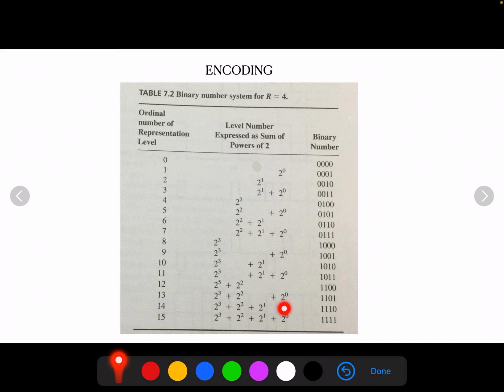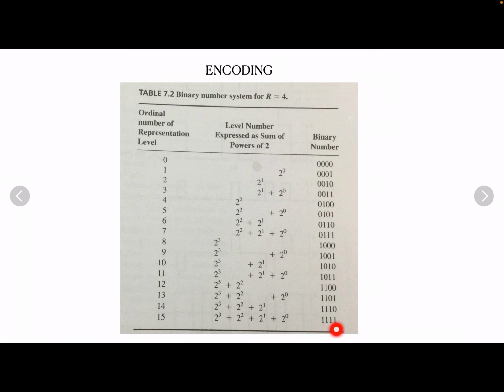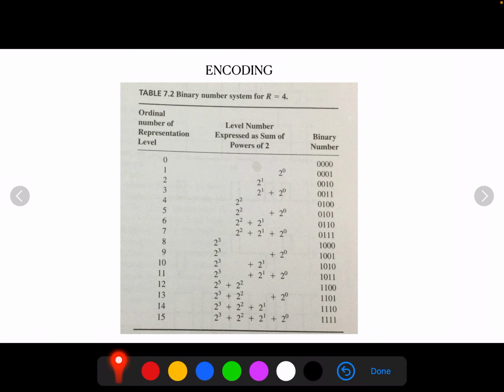So it is 1101. This is how we can have the representation when R is equal to 4, meaning 4 bits are used: 1, 2, 3, 4. You can see the representation has 4 bits. So this is one method of coding.